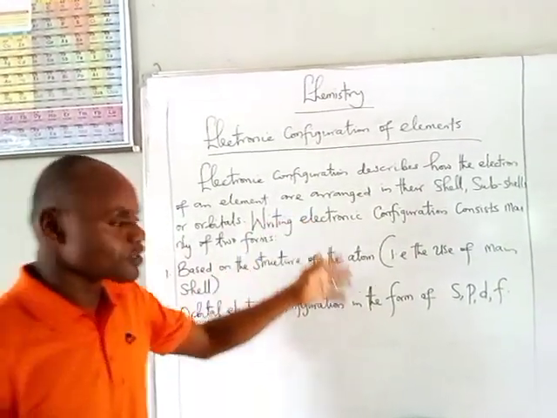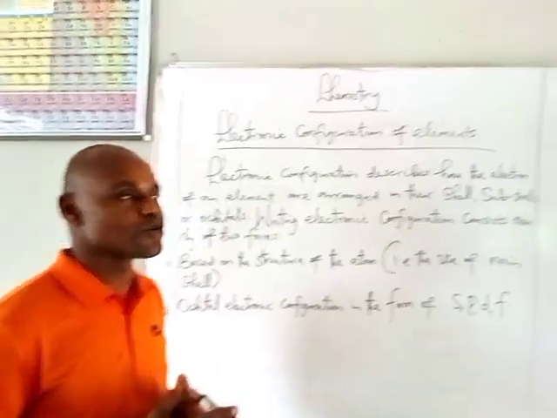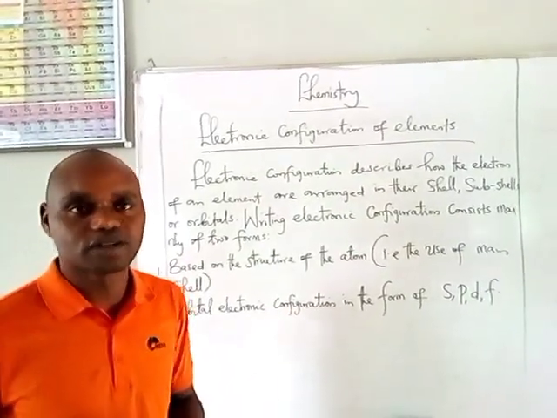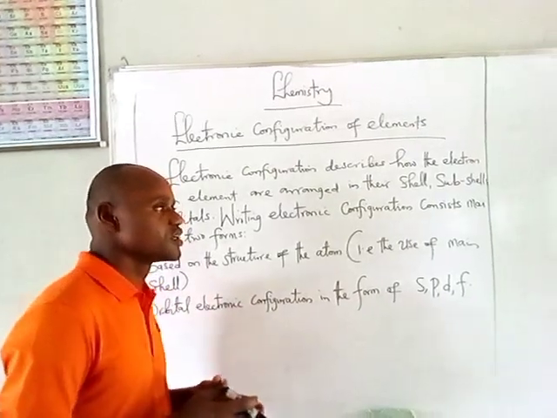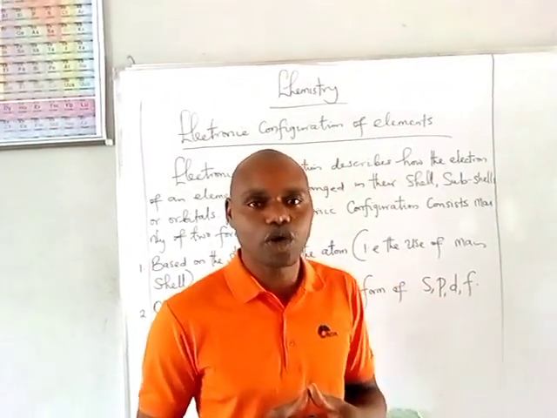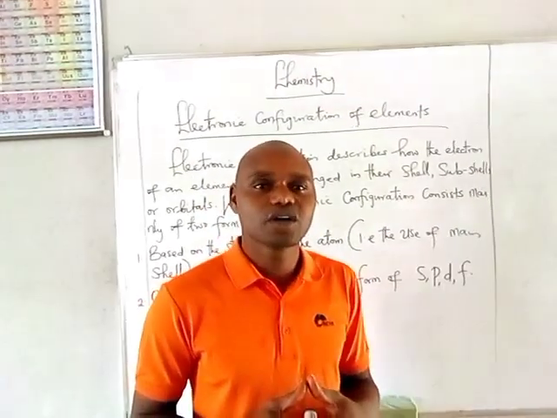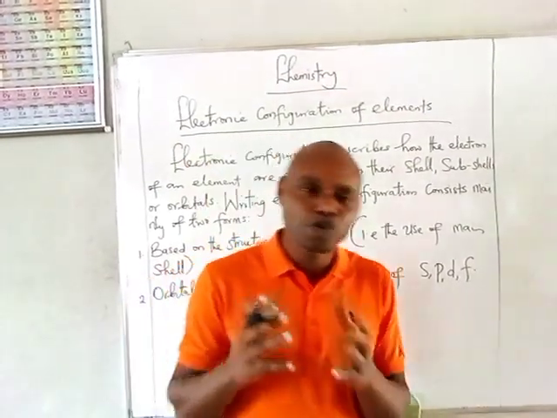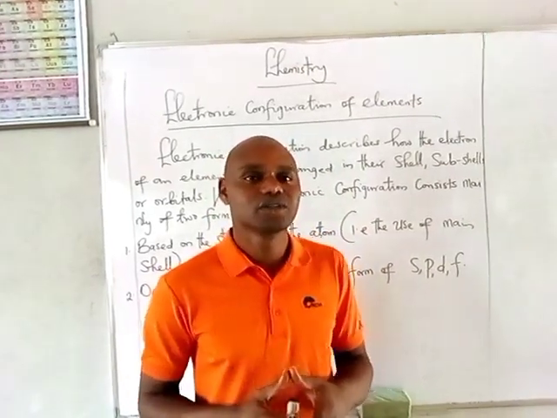Now, before we start the explanation of these two forms, there are some things that we need to consider. First of all, we want to ask ourselves, have I really seen the structure of an atom?